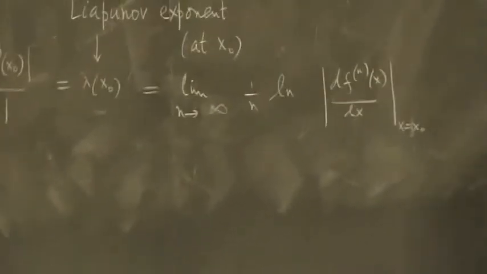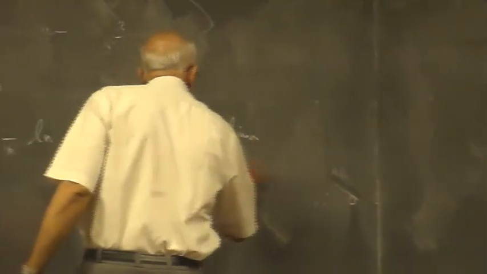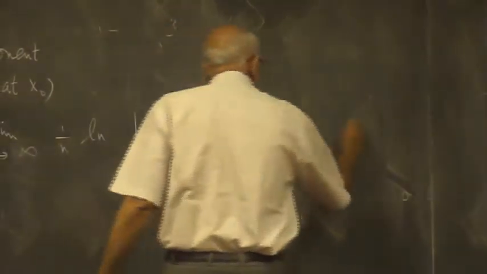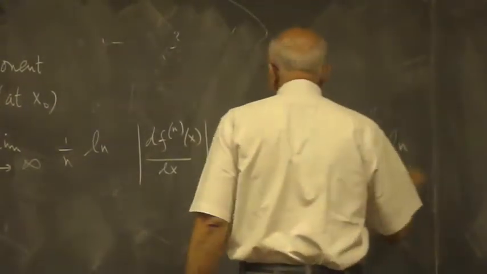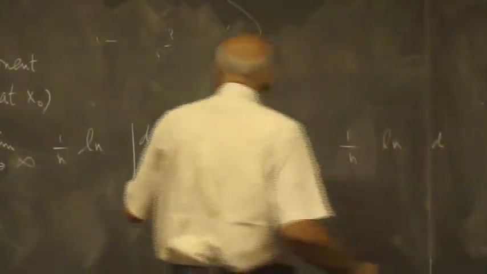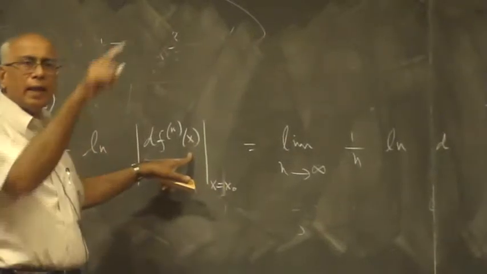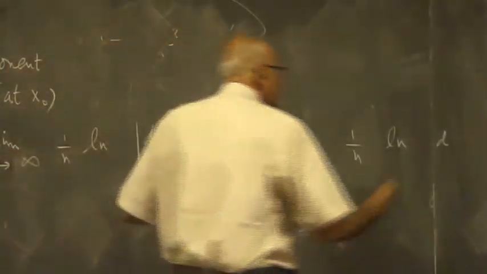But we can go further. This is equal to limit n tends to infinity 1 over n log of the modulus of dfn of x, that's xn, but xn is f of xn minus 1.